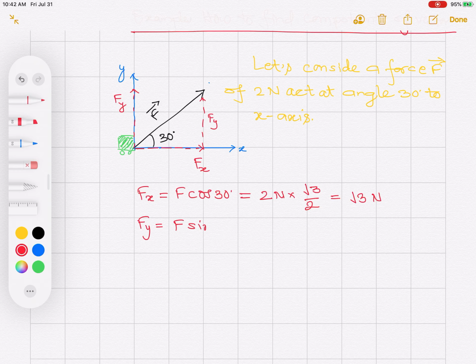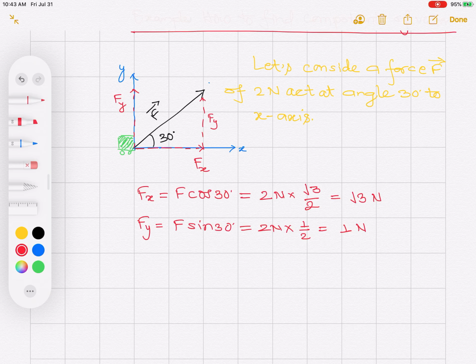F sine 30 will give the y component, and sine 30 is just 1 by 2. So this is 1 Newton. Now I have 1 Newton along y direction. The force of 1 Newton acts along y direction, and the force of square root 3 Newton acts along the x-axis.